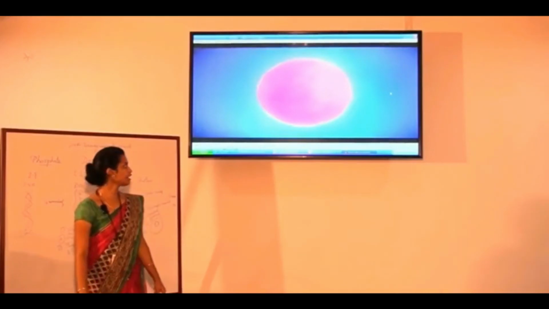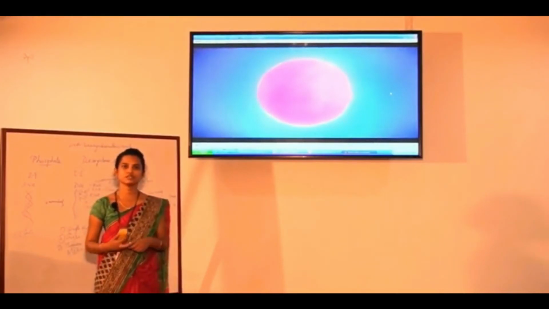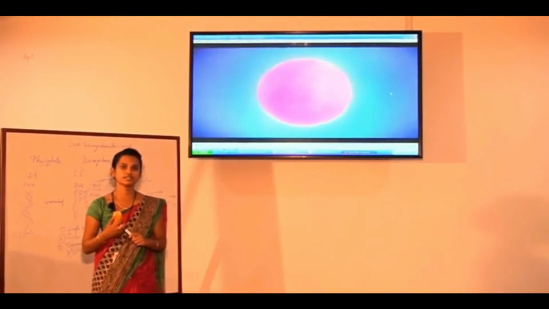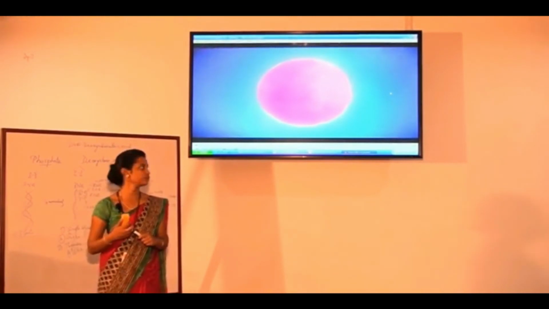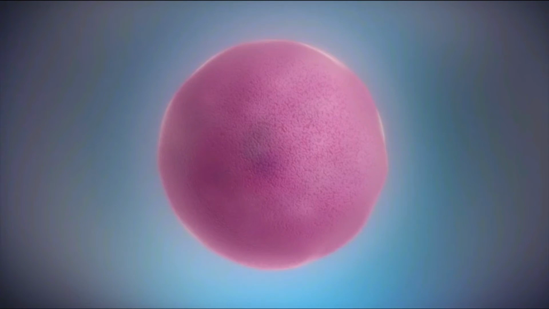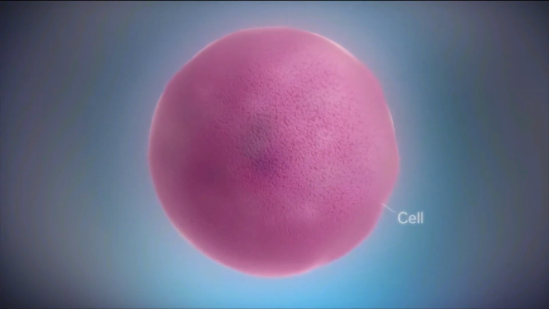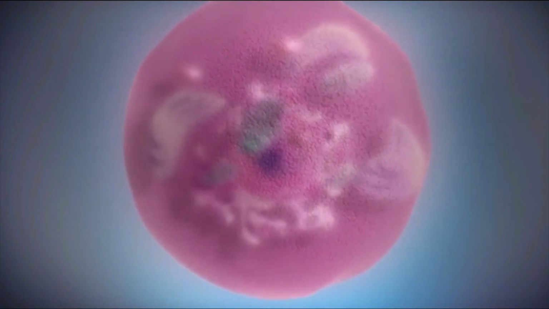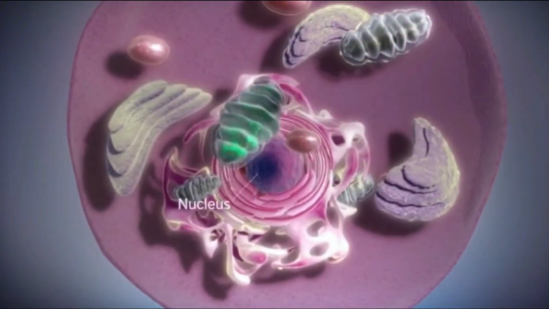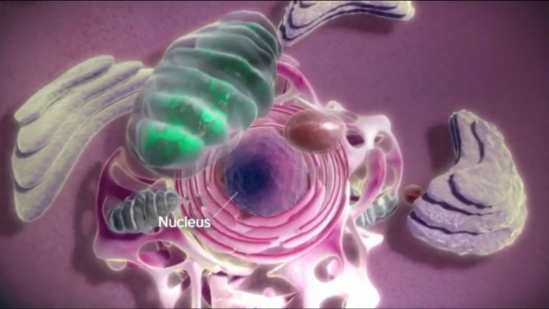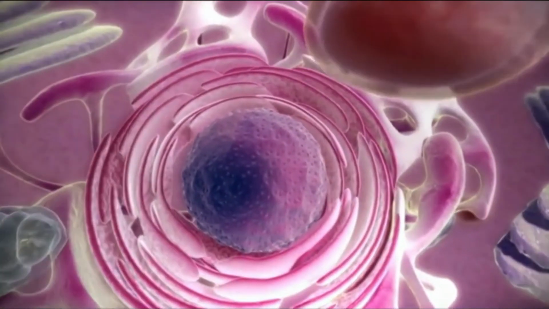Now you can have a look at this animation so that you can have a clear understanding of all these processes I explained. Now, how is DNA converted to a protein molecule? This is the structure of the cell. Inside the cell we have different cellular components, among which the nucleus is also a cell organelle.